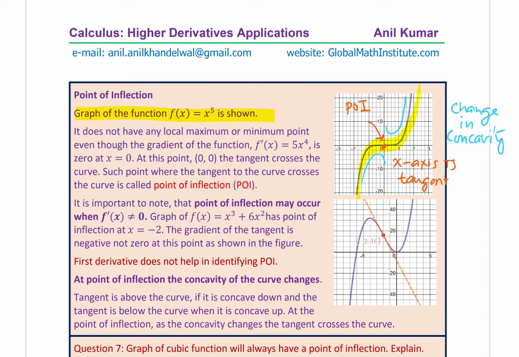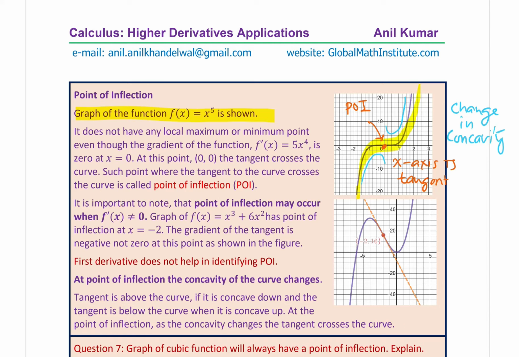So here's the text for you to understand. It does not have any local maximum or minimum point, even though the gradient of the function, f dash x, which is equal to 5x to the power of 4, is 0 at x equals 0, right? So the derivative of this particular function is 5x to the power of 4.